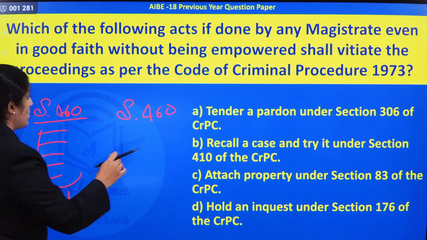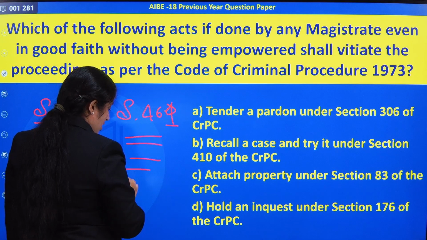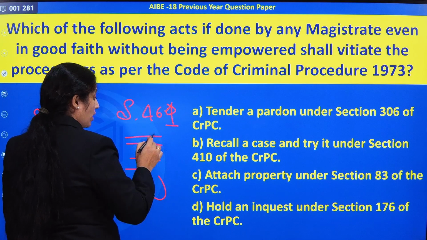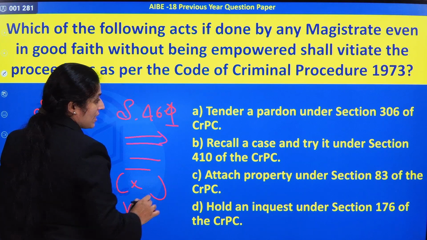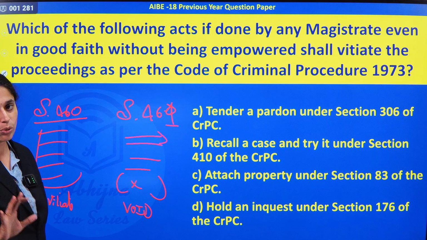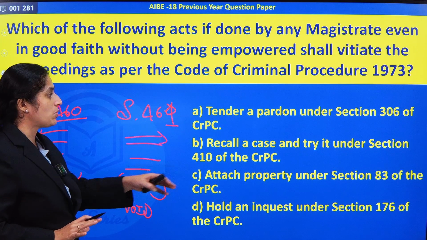Under section 461, they have given a list of certain orders where if the magistrate does not have jurisdiction, then whatever order he makes, that proceeding will be void, or we can say that such order vitiates the proceedings. So, these are some of the examples which have been given here.